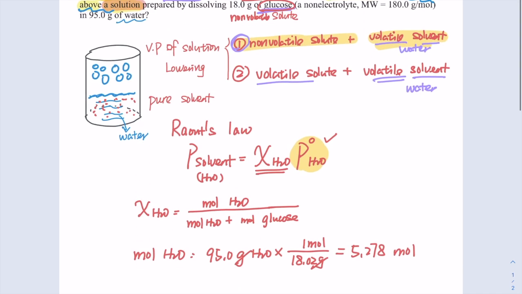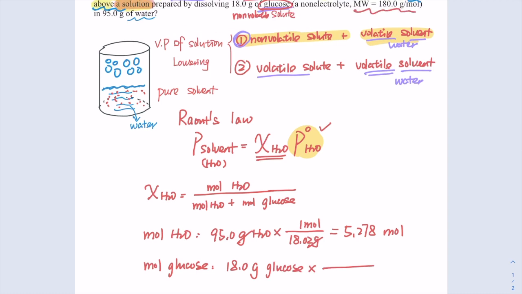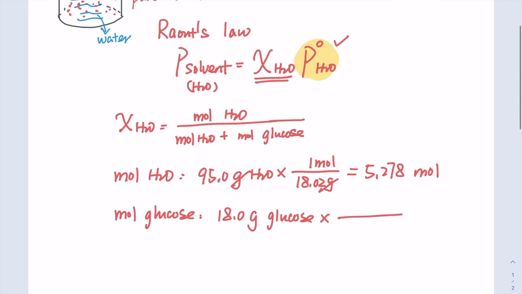Then we can calculate the moles of glucose, which is 18 grams divided by the molar mass given, 180, which gives us 0.1 mole.